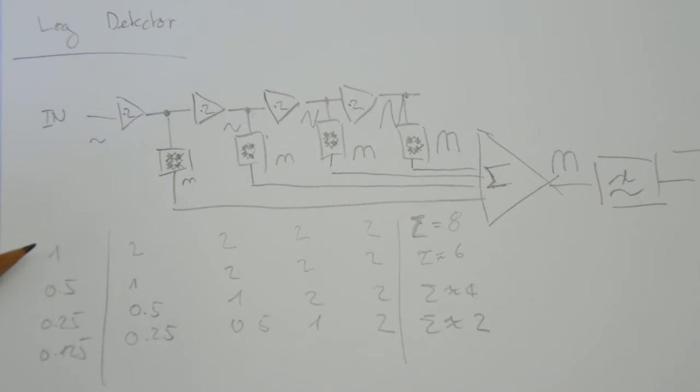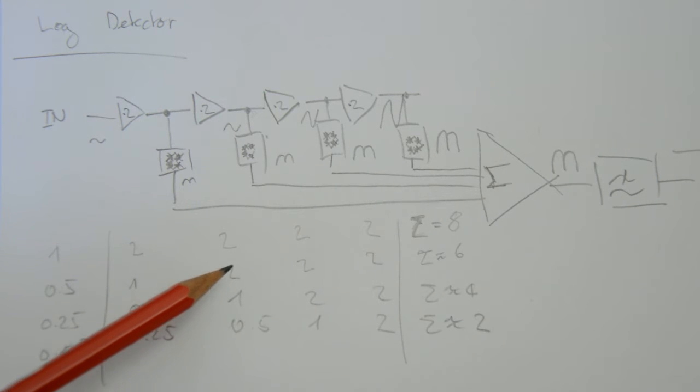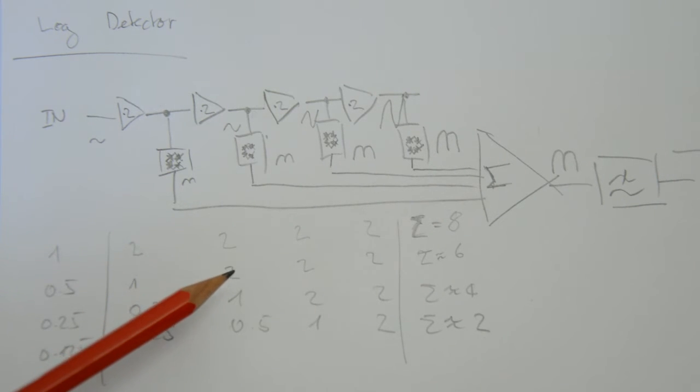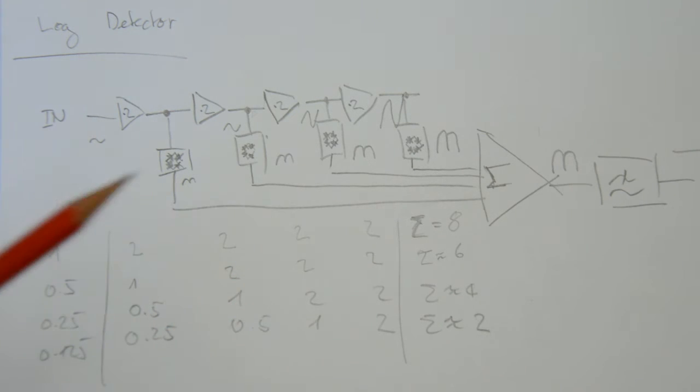Now, if I reduce the input signal by a factor of 2, so I'm feeding in 0.5 volts now, the first amplifier is going to amplify this to 1 volt, the second amplifier is going to amplify to 2 volts, and the remaining two amplifiers are limiting, so that's 2 and 2 volts. Now if I sum this up, in the end it would be 7 volts, right?